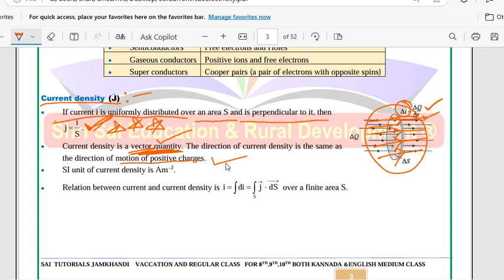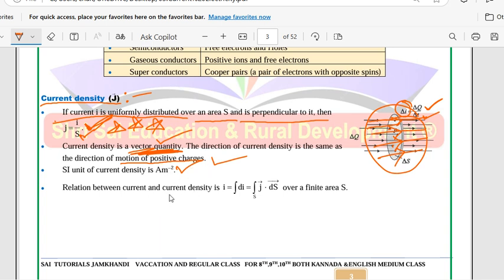The SI unit of current density is ampere per meter square, because the SI unit for current is ampere and the SI unit for surface area is meter square.